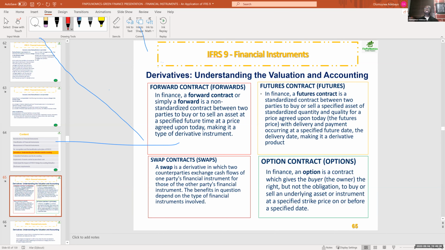Conversely, if it's a loss, you debit your loss on fair value of derivative, which is like an expense, and you credit your derivative liability. And remember, we said we have 4 types of derivative: futures contracts, forward contracts, swap contracts, and option contracts. For better understanding of that, refer to part 1 of the financial instrument discussion.